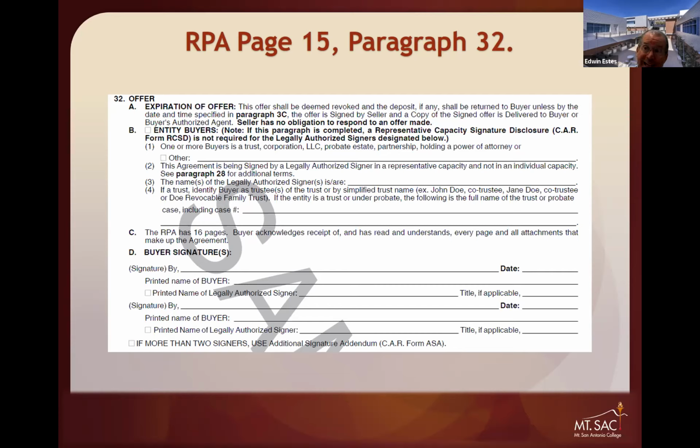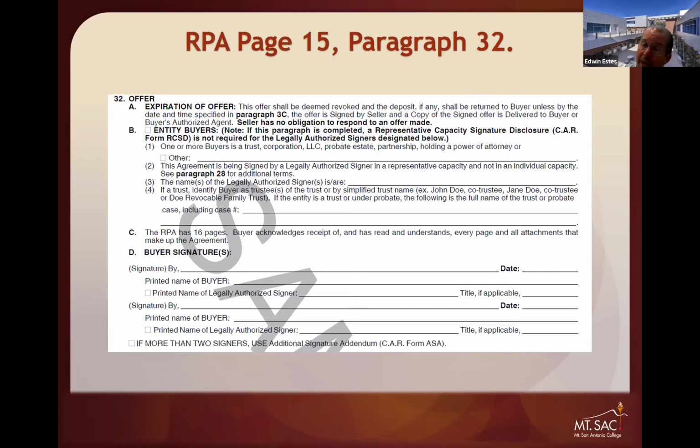So the Mount SAC LLC is the buyer. So the printed name of the buyer is the Mount SAC LLC. It is signed by me. So my signature would be there on the top line under D. And then the printed name would be Edwin Estes. And the title would be manager, right?